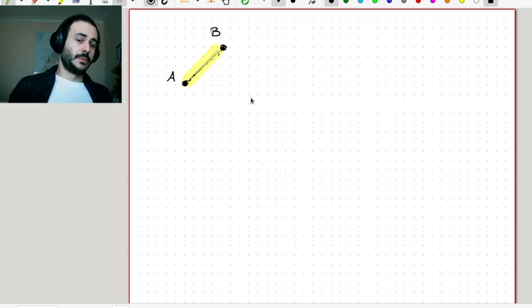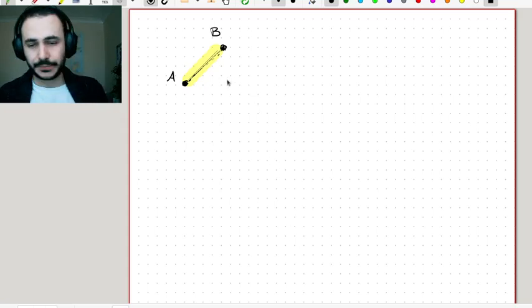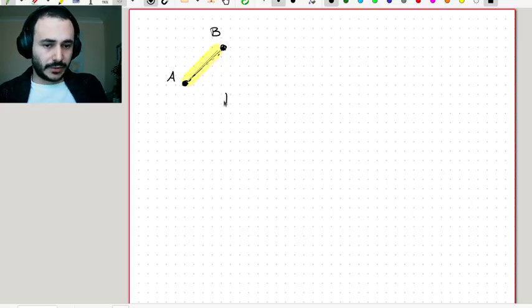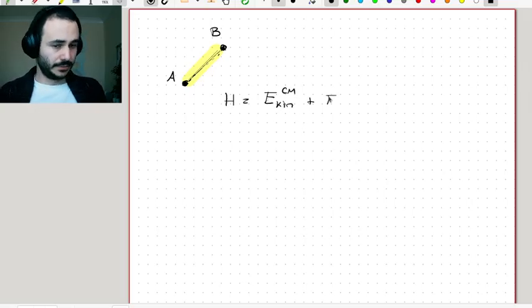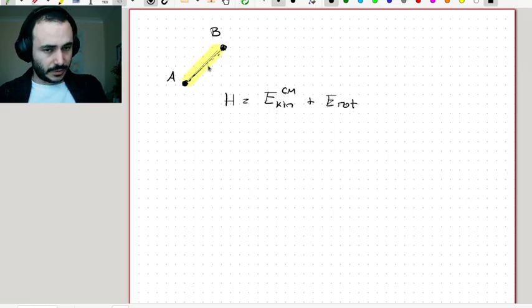And you know from mechanics that you can write the Hamiltonian of every single one of these diatomic molecules as the sum of two contributions. There would be the kinetic energy associated with the center of mass of the system, and there would be some rotation energy associated with the rotation of this thing around, which is a rigid body.